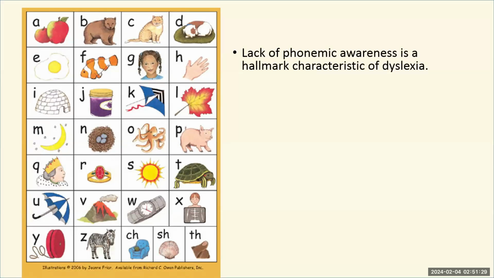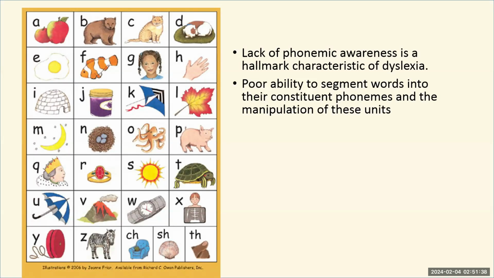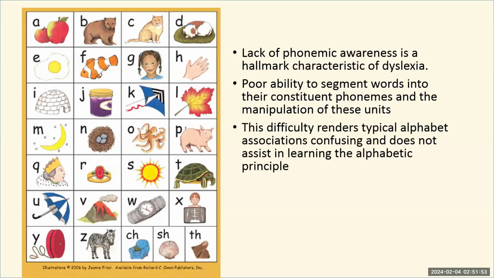Well, lack of phonemic awareness is a hallmark characteristic of dyslexia. Children and adults with dyslexia have poor ability to segment words into their constituent phonemes and to manipulate these units. This difficulty renders typical alphabet associations confusing and does not assist them in learning the alphabetic principle.